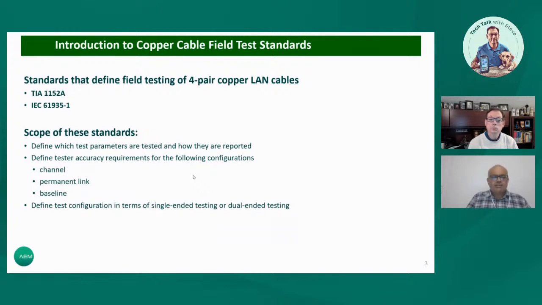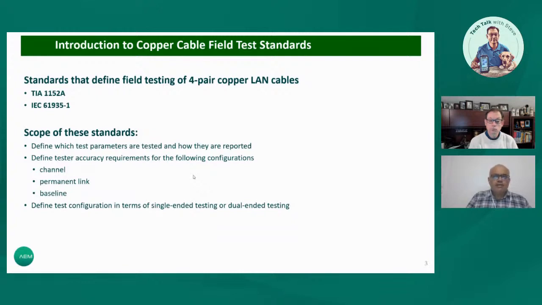Besides the parameters and their reporting, the standard also specifies the accuracy requirements of the test equipment. Now, this is important because every tester is in the end a physical equipment which has its own capacity and limitations.